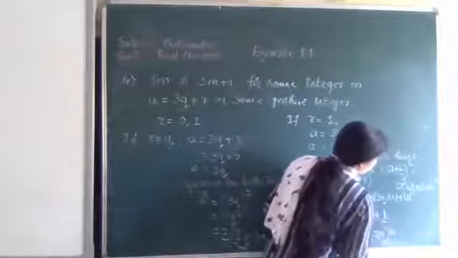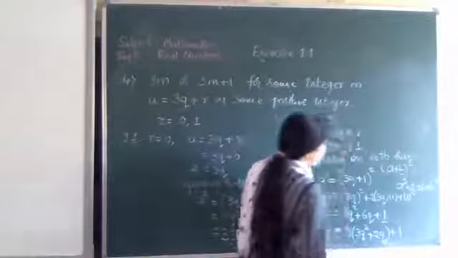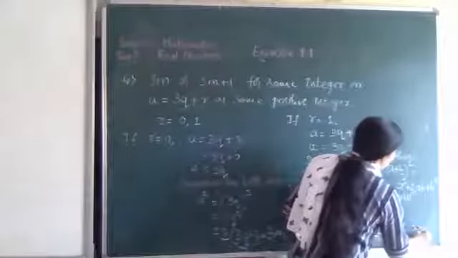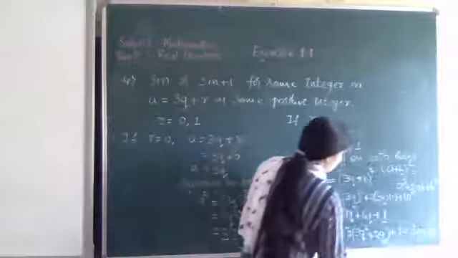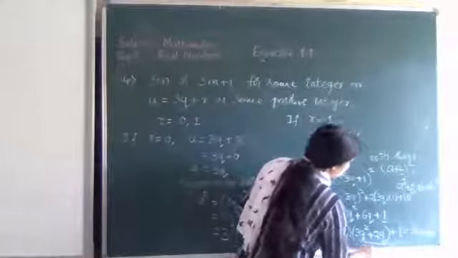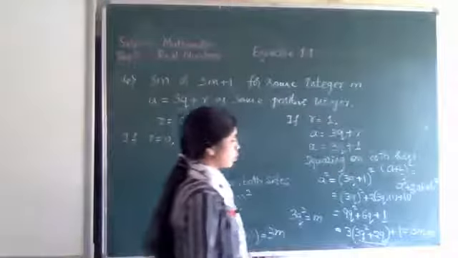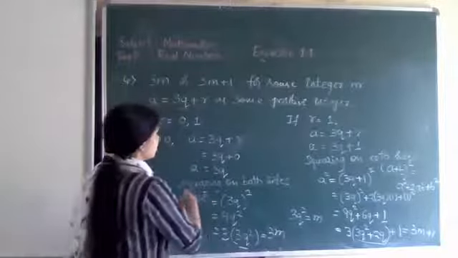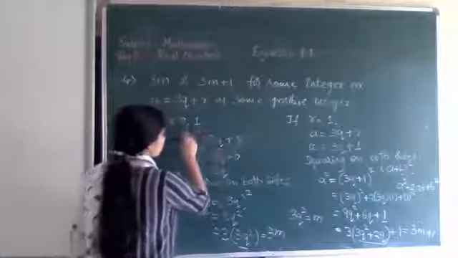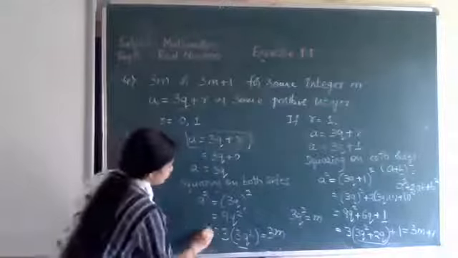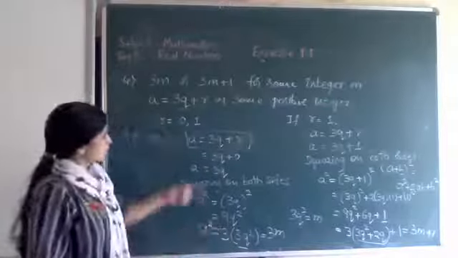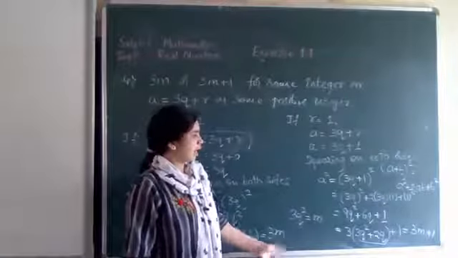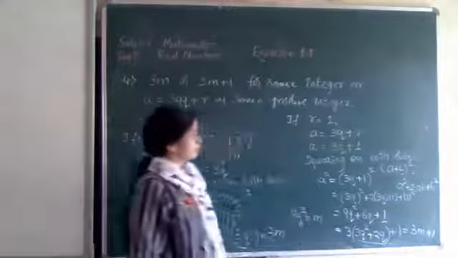And we don't have any common factor from 1, right? This is 3m plus 1, where m is 3q square plus 2q. We wrote the square of an integer in the 3m form and the 3m plus 1 form.